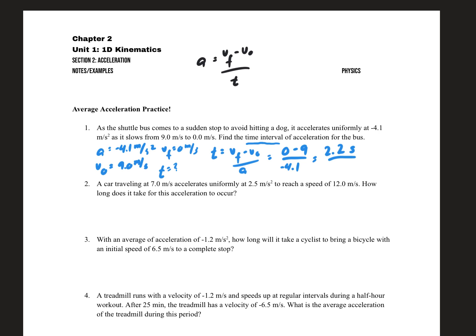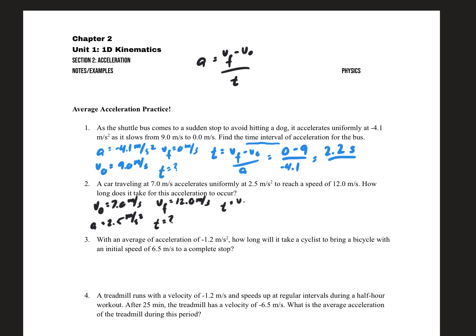All right. Next one, kind of the same thing. I have an initial velocity of 7 meters per second. I have an acceleration of 2.5 meters per second squared. I want to get to a final velocity of 12. Once again, looking for the time. So I've already solved that.